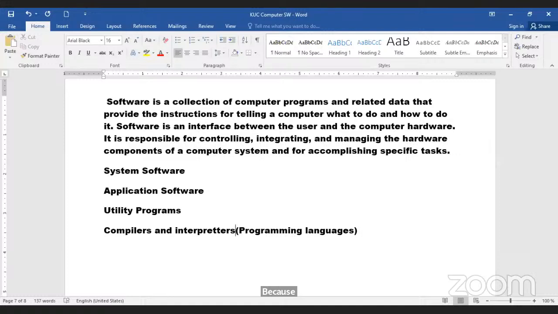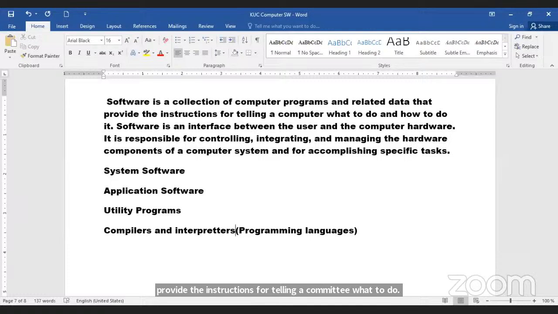So you can write down this definition: a software is a collection of computer programs and related data that provide the instructions for telling a computer what to do and how to do it.